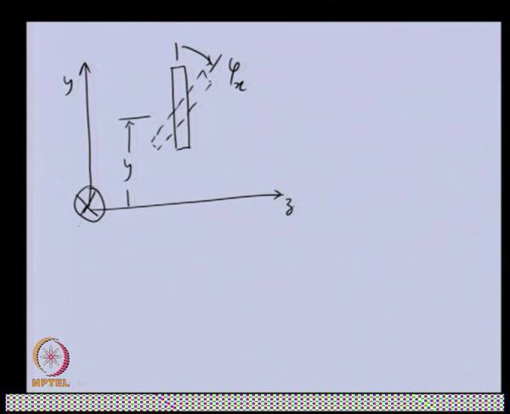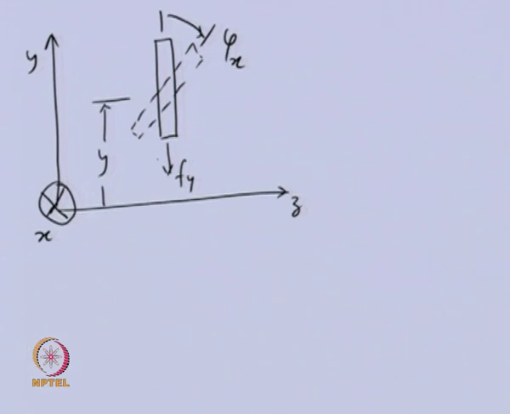So, the cross is representing that we are looking into the tail of the x vector, which is inside the screen. Because of these displacements from the shaft, we will have an elastic reaction force. Apart from that, we will have a reaction moment from the shaft, that will be yz. Now, we can write the force balance.